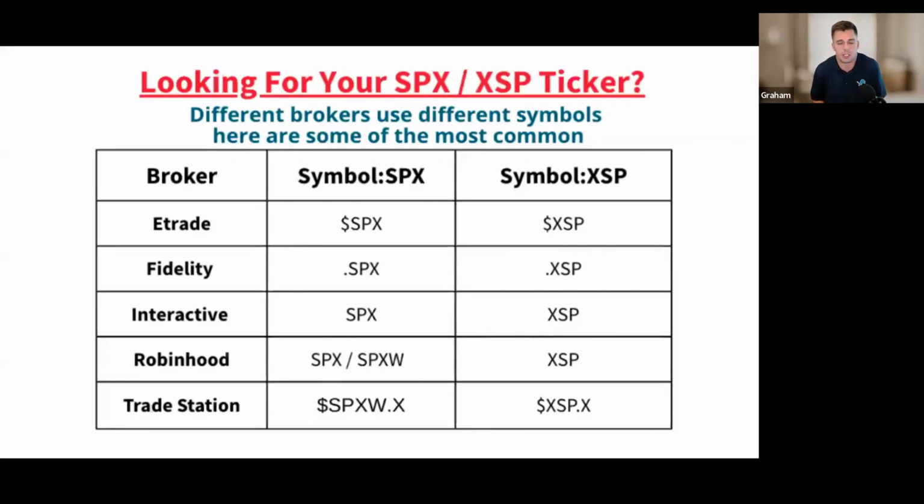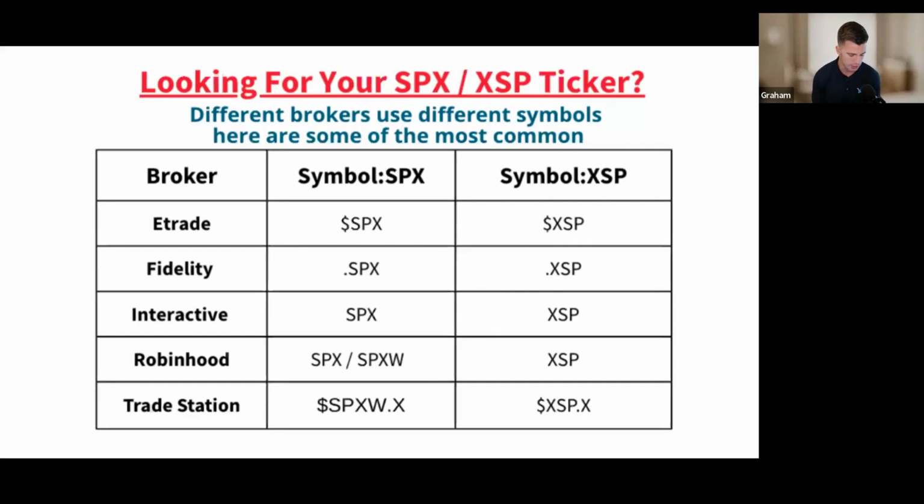This is just a little cheat sheet for you guys. This doesn't include every brokerage, but the tickers SPX and XSP are different for some of the brokerage accounts. So like E-Trade, it's $SPX or $XSP. Obviously, Fidelity, it's period SPX. So there's some different variations. Feel free to take a screenshot of this if you need it for your brokerage, if you're having a hard time finding these tickers.